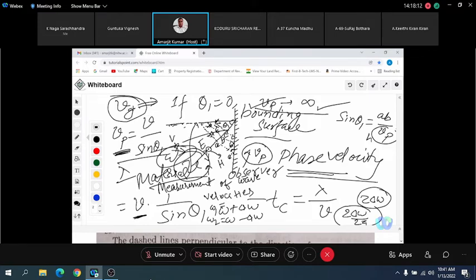But for the transmission of intelligence or message signal, we need a group of frequency, a band of frequency. So the question is, what will be the group velocity? Group velocity means the velocity with which the intelligence or the message or the energy is transmitted.